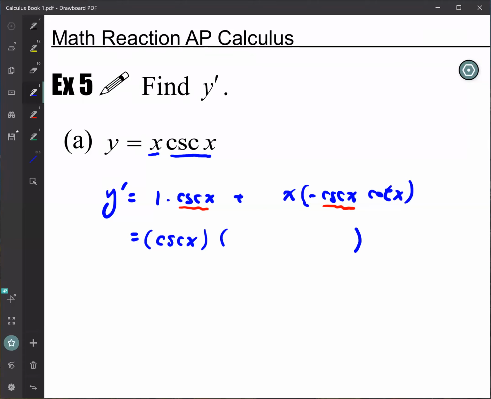The question is, if I factor the cosecant, they both have cosecant, right? Oh, yeah. What's left? It would be, wait, yeah, let me just write this down. One minus x cotangent x.